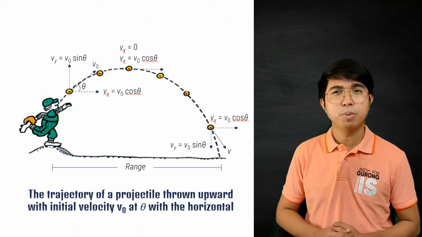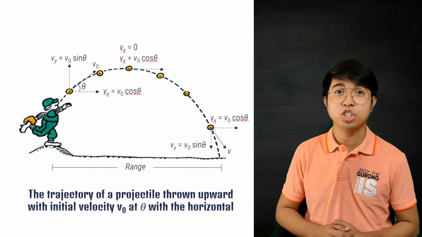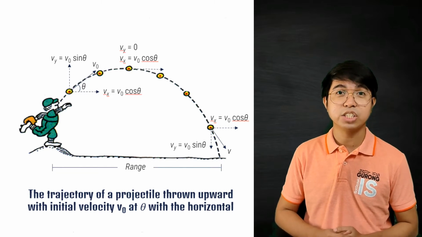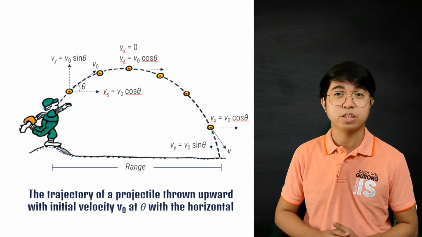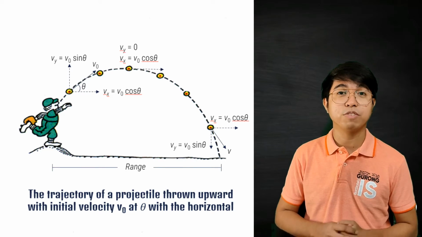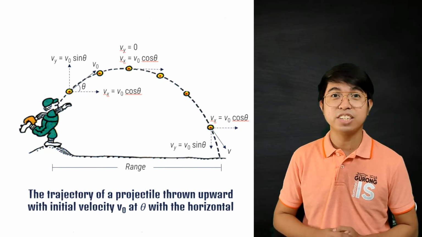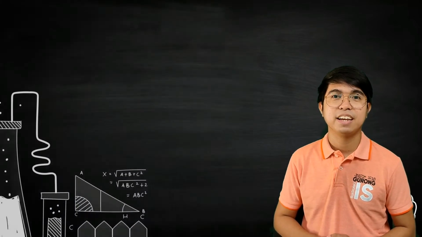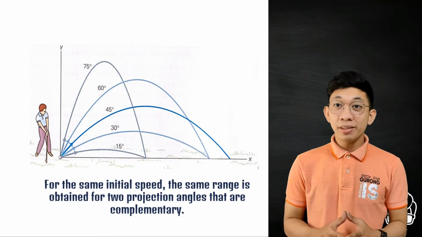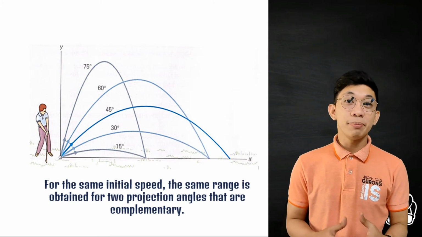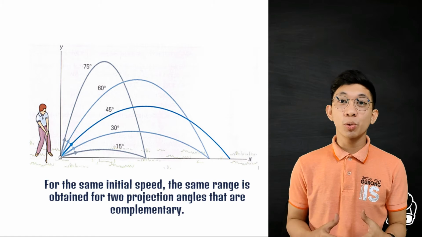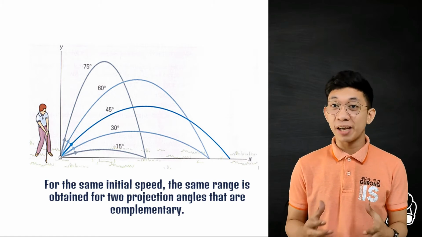The horizontal component of the projectile's velocity is constant, and acceleration is 0 meters per second squared, while the vertical component of velocity is changing and acceleration is due to gravity. The range is dependent on the angle of projection. It can be shown that maximum range occurs when the angle of projection is 45 degrees.